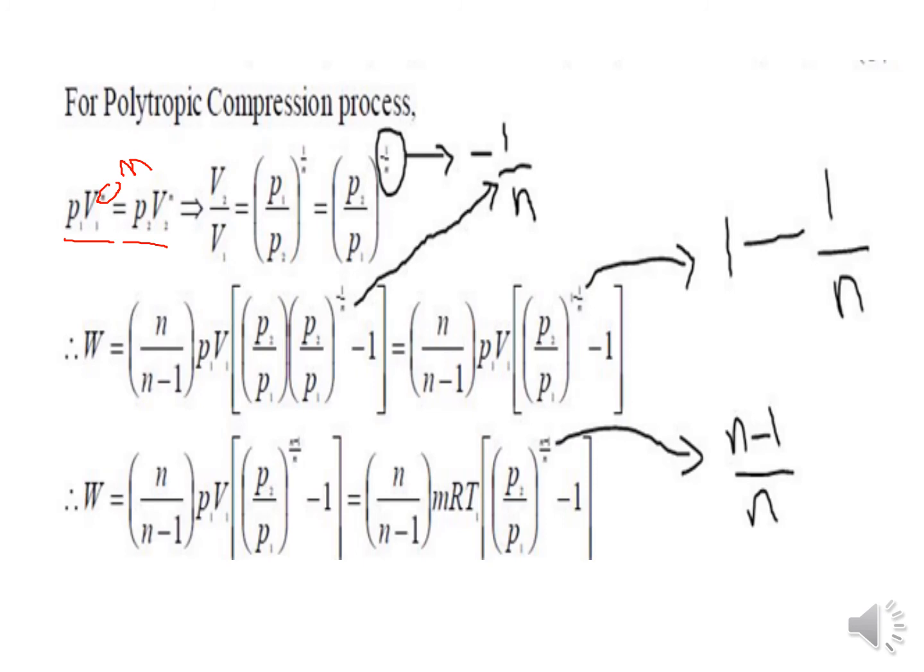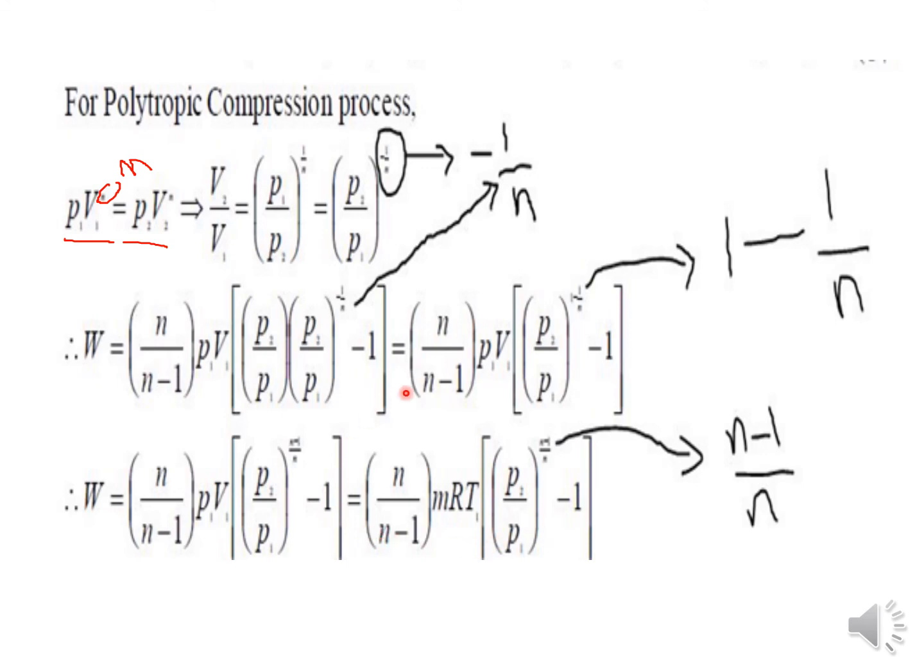Just a mathematical modification, so in the earlier equation you need to substitute that and modify in this format. Since P2 by P1 raised to 1 by n is here, and minus 1 by n is here, this will be simplified in the form of 1 minus 1 by n. Finally it will be simplified in the form of n minus 1 divided by n.